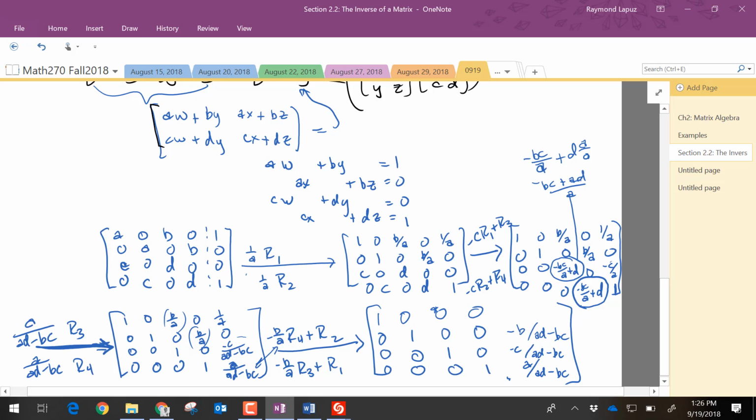Row 3 by negative B over A. I need a little bit more room, maybe I'll put it over here. So I have minus B over A times A over AD minus BC, and then I have to add that to 1 over A. Right?